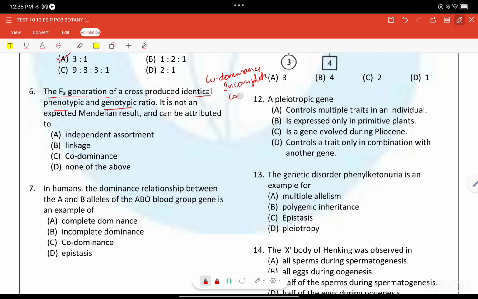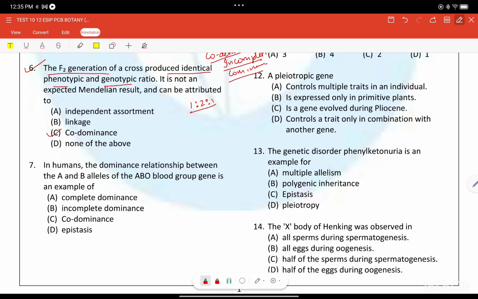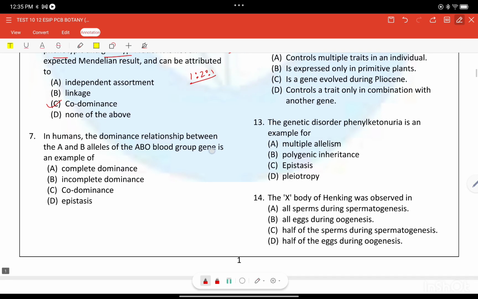Right? If we consider incomplete dominance, the ratio was 1:2:1 for genotype and for phenotype both. In both cases, phenotypic and genotypic ratio are the same. So answer will be C.